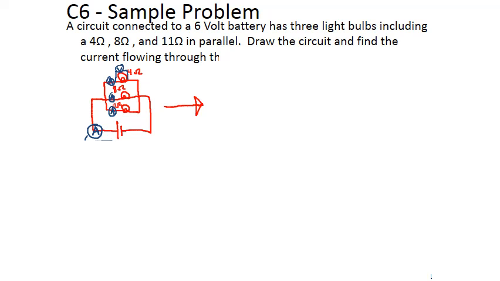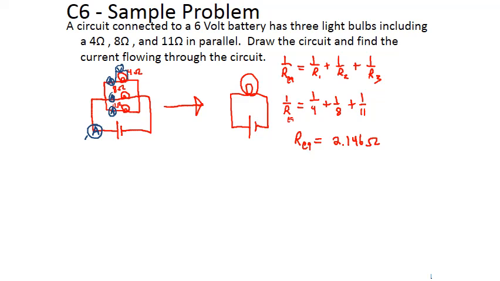So what we want to first find out is what is the overall current in the entire circuit. We have our resistors set up in parallel. The way that we did this with the series circuits is we said, okay, if we have one resistor instead of all 3, what would that be? We're going to do a similar thing here where we say, if we have one light bulb instead of all 3, what would that be?